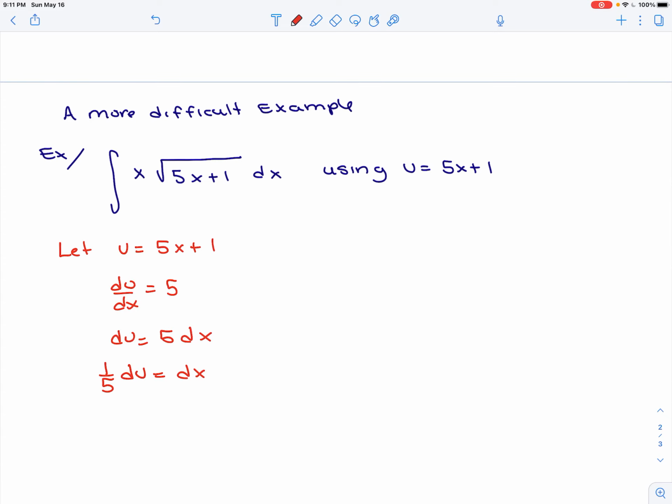Okay, so if I go to substitute in here, I get the integral, and then I get u to the 1/2, all of this to the 1/2. Okay, so that part's good. And then I get du and the 1/5, but I'm still left with an x, so that's a big problem.